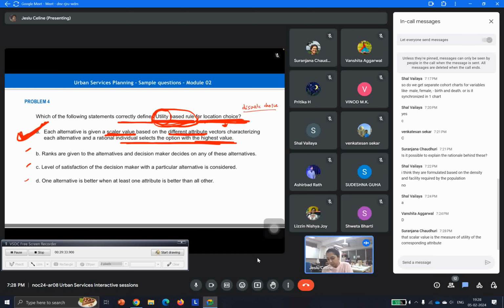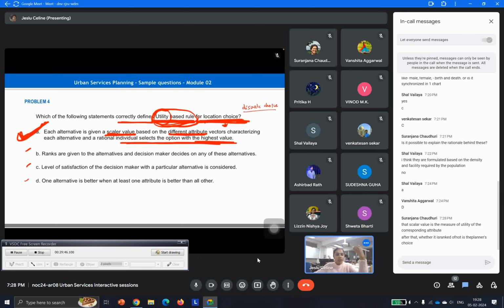We have option B, which says ranks are given to each alternative and the decision maker decides on any of these alternatives. So, you're not looking at each attribute, you're not looking at the utility of these attributes, you're just giving ranks. So what does this fall under if you give ranks to certain alternatives? The scalar value is a measure of the utility of the corresponding attribute.